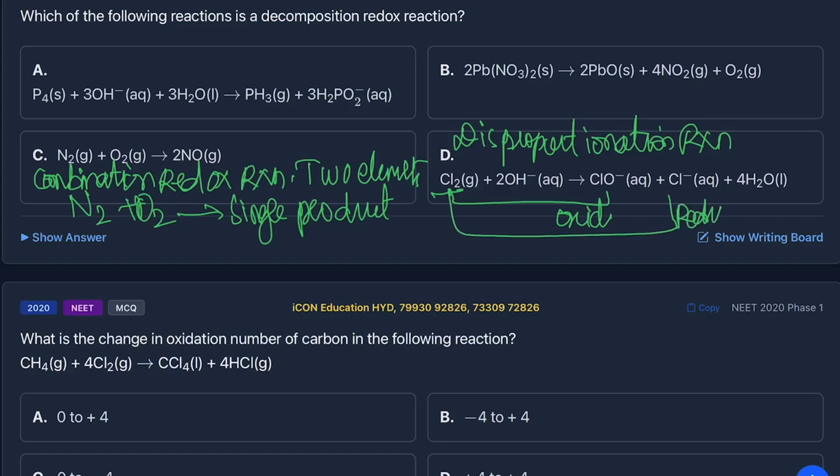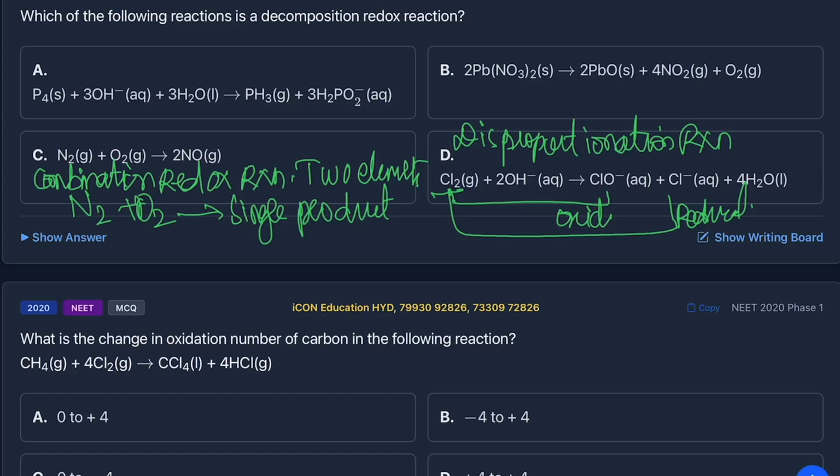Oxidation state 0 is oxidized from Cl to ClO minus and reduced from Cl to Cl minus, so chlorine is both oxidized and reduced. So it is called the disproportionation reaction.